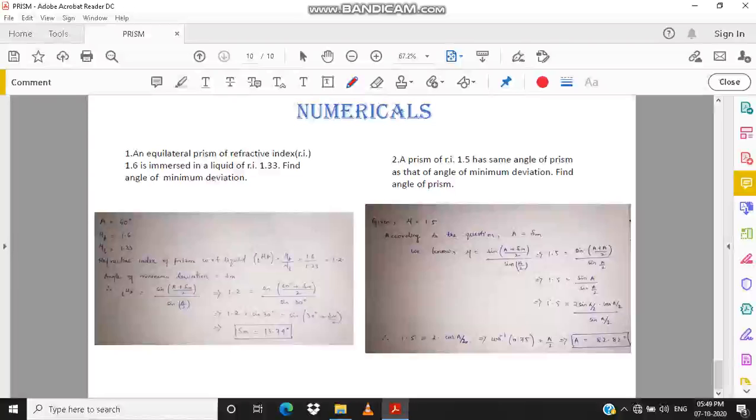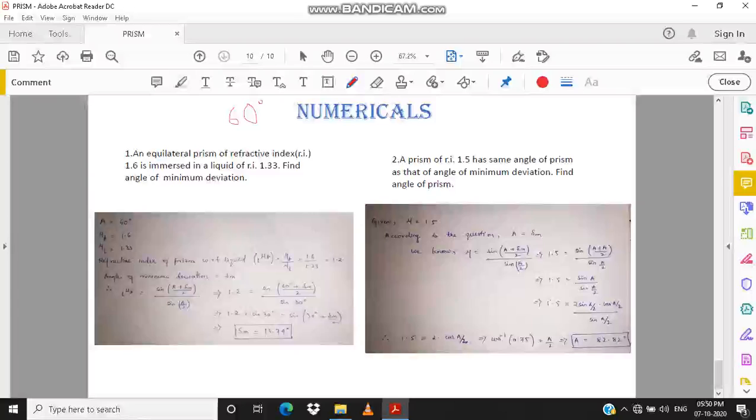Basically in schools and colleges you will be seeing an equilateral prism. Schools and colleges usually use an equilateral prism, where all the angles of the prism will be 60 degree. Okay, that is an equilateral prism.